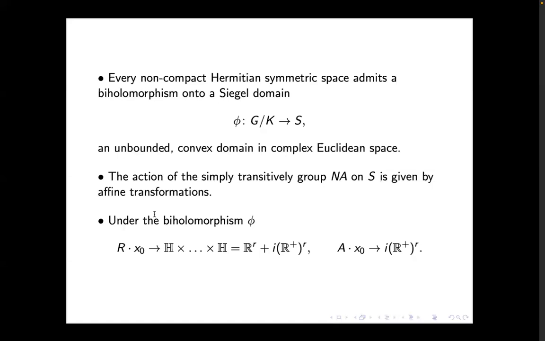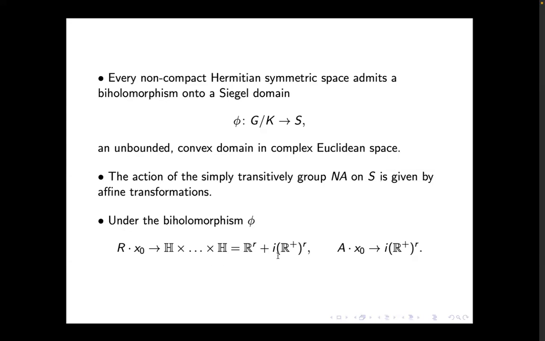Under this map phi, inside G mod K there is this closed R-dimensional orbit by these R copies of SL2R, and under the Cayley transformation, this R times X0 is brought onto a true product of upper half planes. The product of these R upper half planes is itself a tube domain.